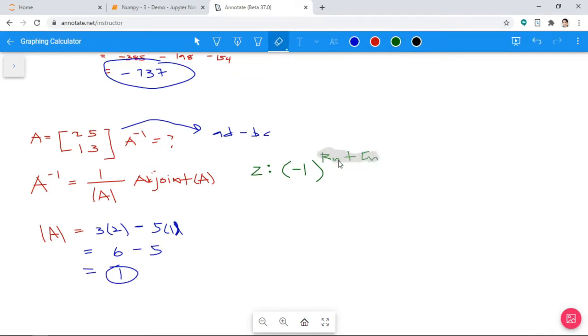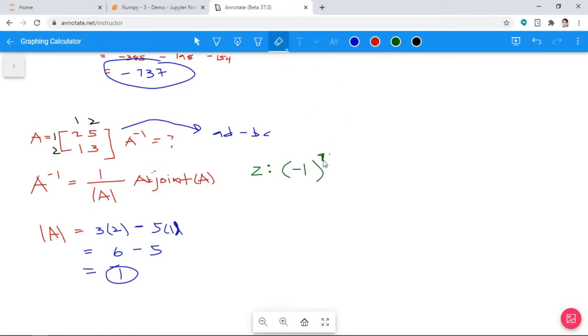Let me explain that. This one is row 1, this one is row 2, this one is column 1, this one is column 2. So Rn plus Cn. The number 2 is found at row 1, column 1.